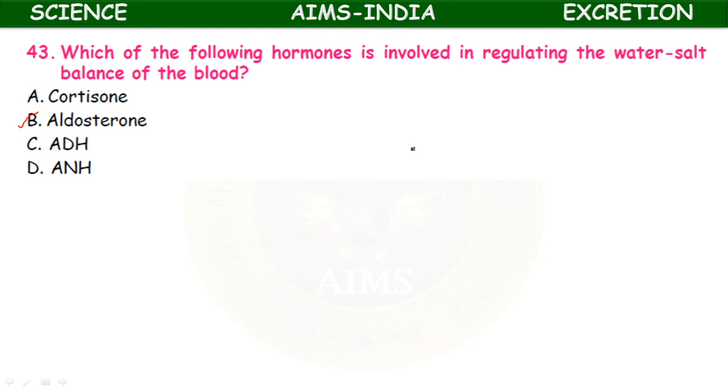That's the reason why an athlete doping test can be done. In the doping test, they will check the level of aldosterone in the blood, whether it is in the normal range or more. If it is more, it means the person has taken some steroid drug. This hormone's specialty is that it regulates the water and salt balance, so that the person never gets tired.